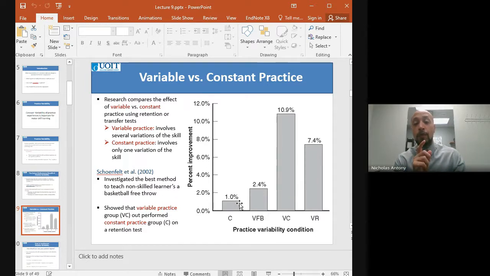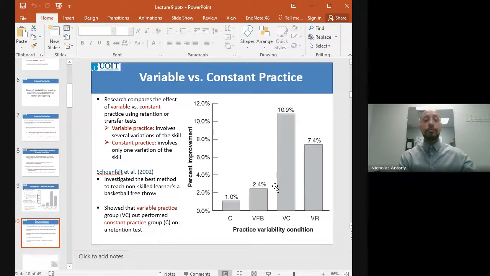And what the study found was that the group that had practiced shots from varying locations actually learned the best, or performed the best on the retention test. So it supported this concept of practice variability. It led to them better being able to complete that motor skill. Does that make sense?